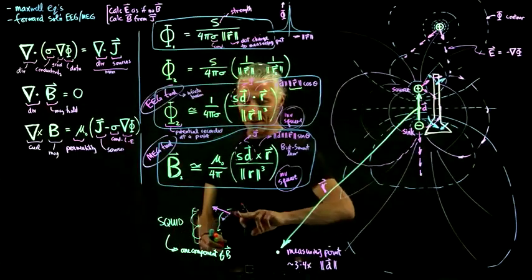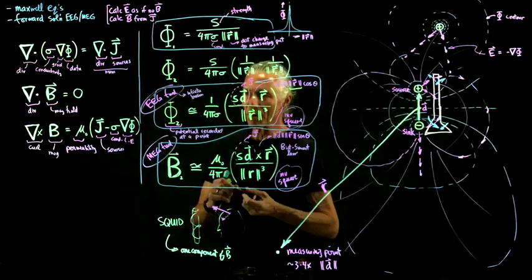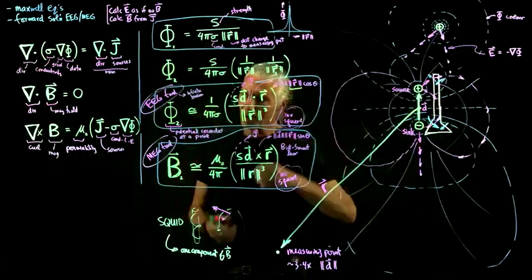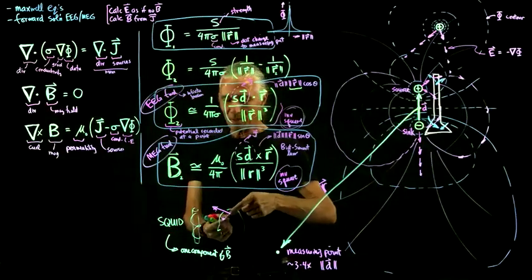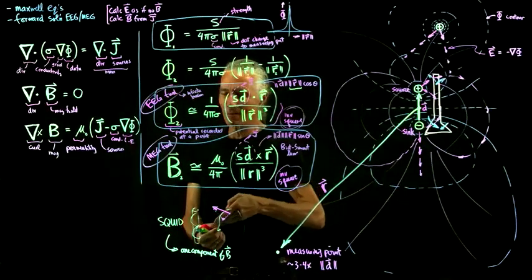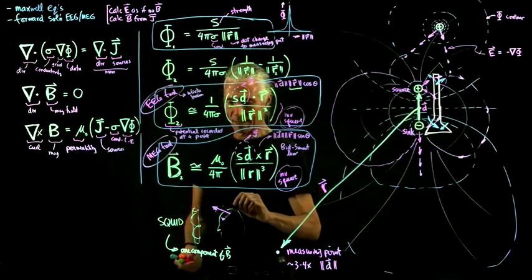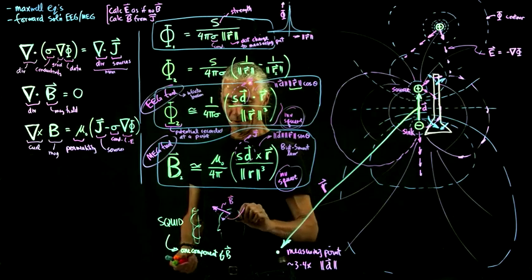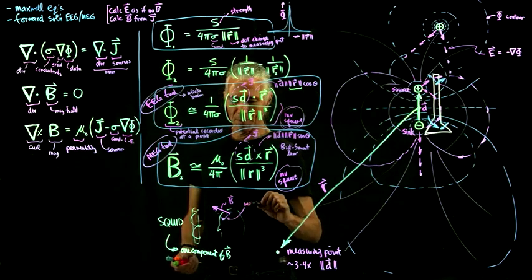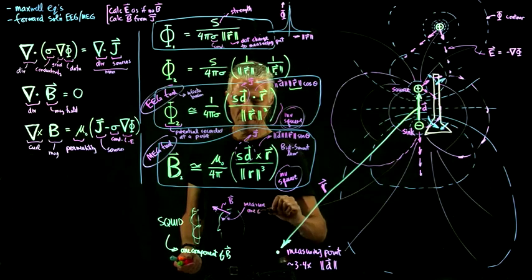You can put more than one detector in an MEG machine, so it can detect the component in this direction of the total magnetic field. This is the total B that we're detecting, and this is measuring one component in one direction.